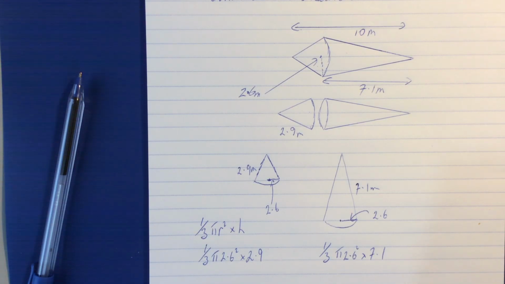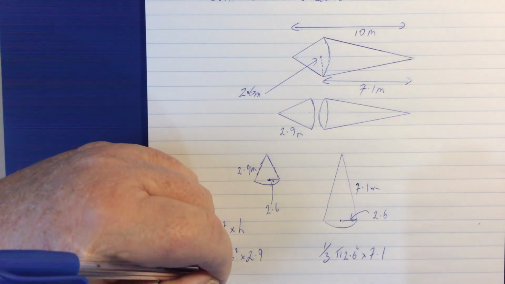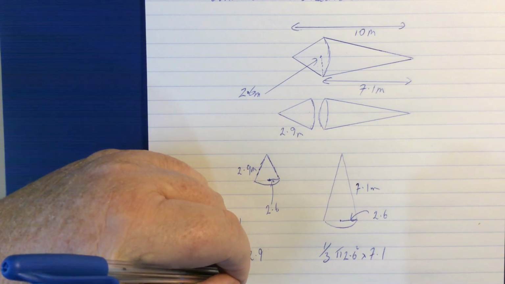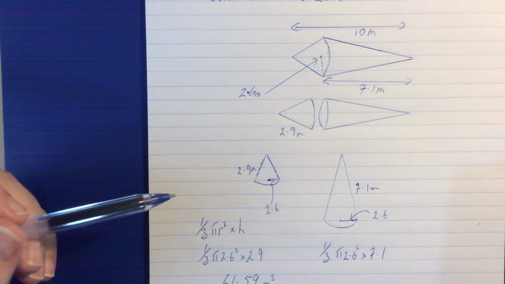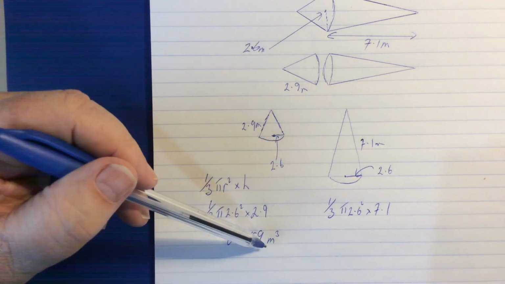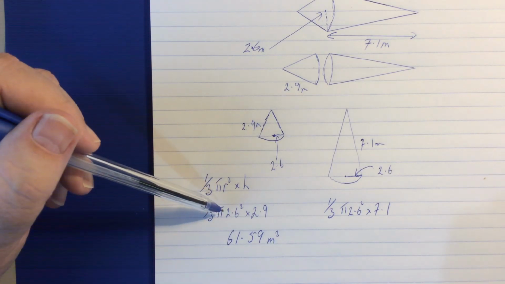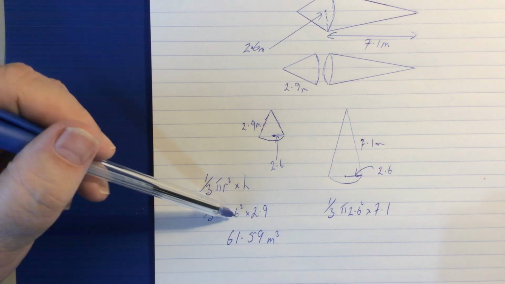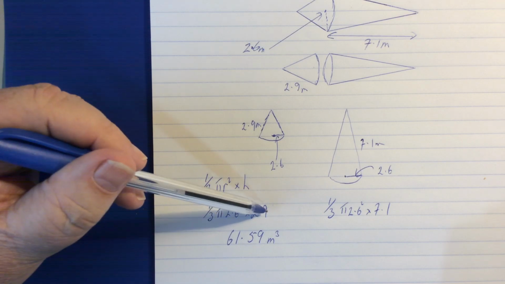So pi times 2.6 squared times 2.9 gives me a volume of 61.59 cubic meters. Now that's the other important point: a measurement of volume is in cubic units. These are meters. So pi times 2.6 squared times 2.9.